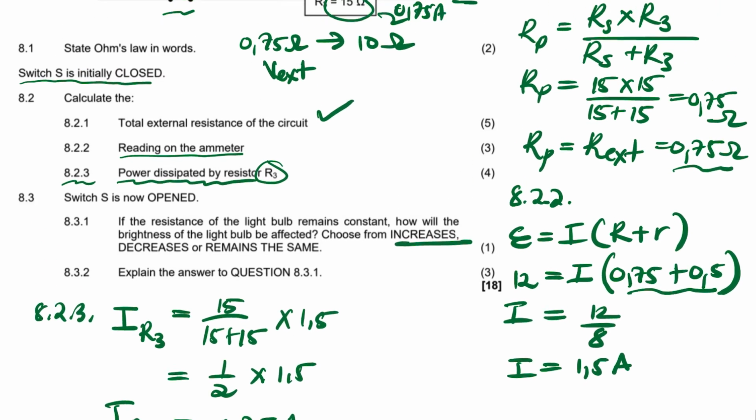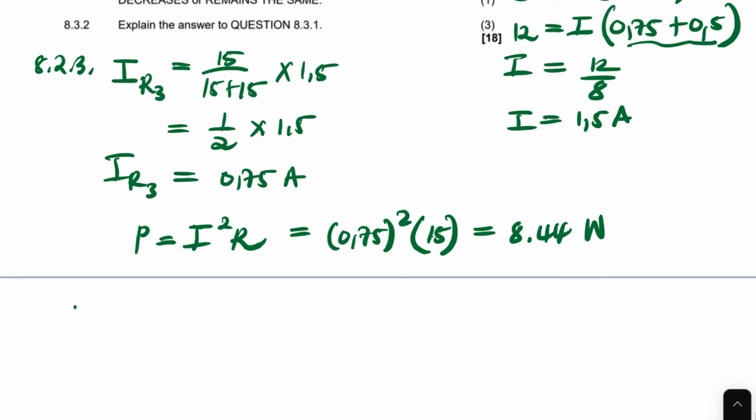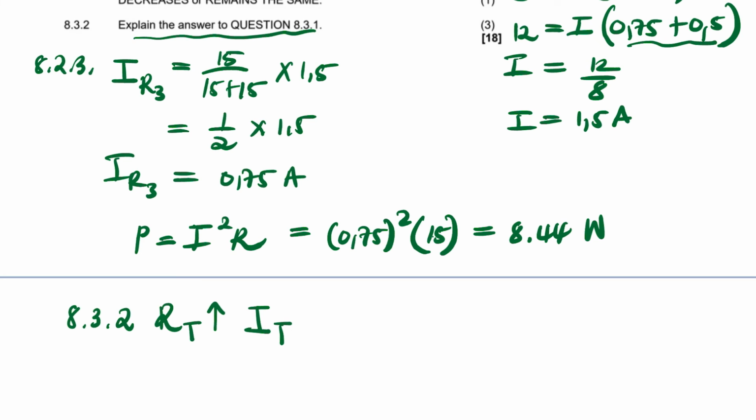Now explaining that, it's 8.3.2, which is this one. Explain the answer. So the answer there, you say in words: the total resistance of the circuit increases. So if the total resistance of the circuit increases, what's going to happen to the total current of the circuit? That means it will decrease because they're inversely proportional.